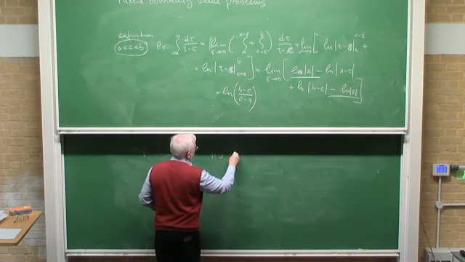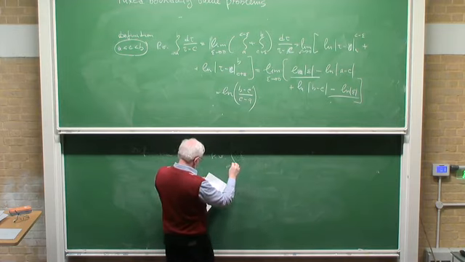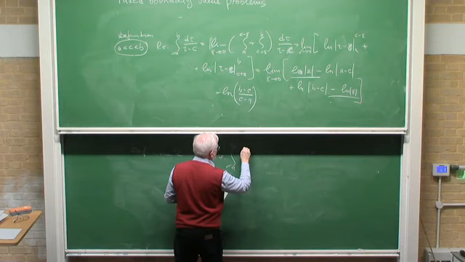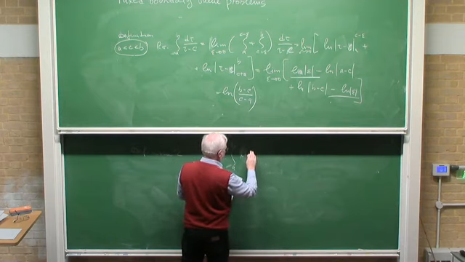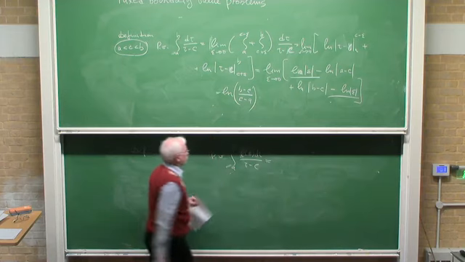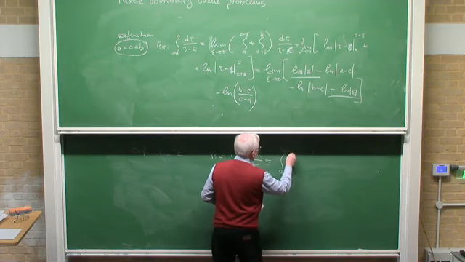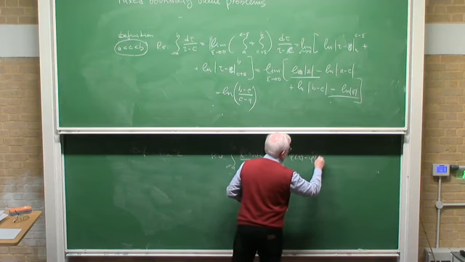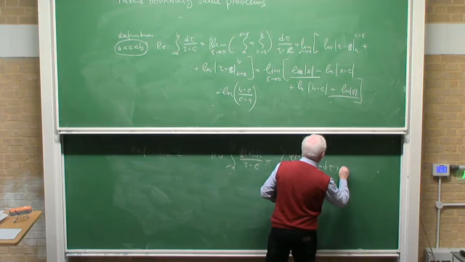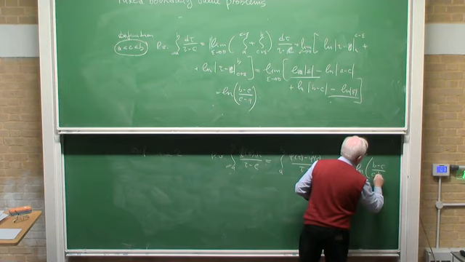Principal value of the integral from a to b of phi of tau over tau minus c is equal to the integral from a to b of phi of tau minus phi of c over tau minus c d tau, plus phi of c times log of (b minus c) over (c minus a).